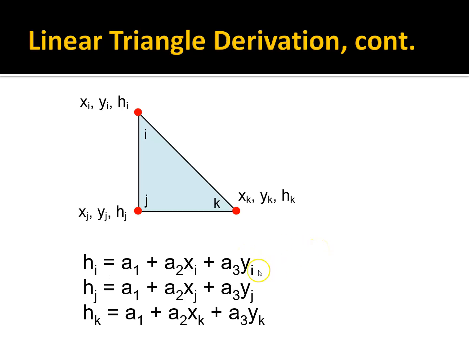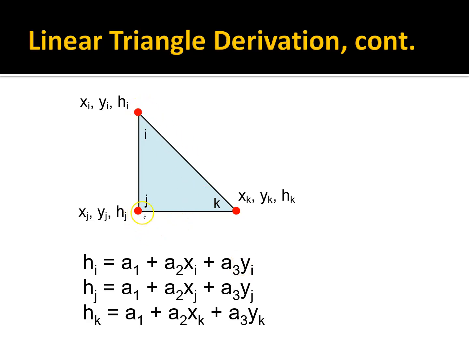And also, using that equation, if we plug in the head and the coordinates at each of these corners, we get 3 sets of equations. So Hi, the head at node I, is equal to A1 plus A2 times X1 plus A3 times Y1.